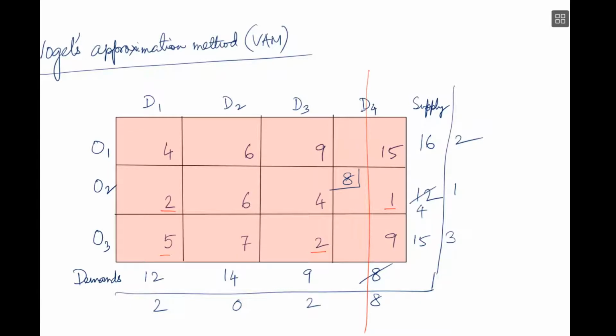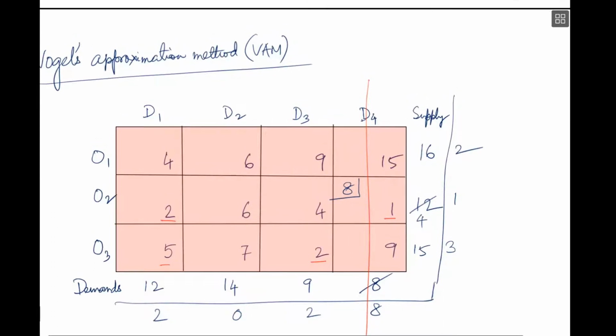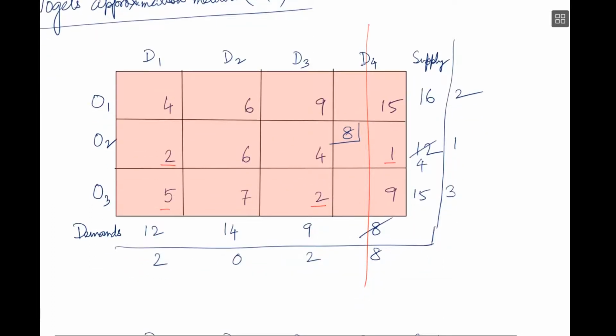Now from this reduced matrix we repeat the process again, that is, we find the differences between smallest cost and next smallest cost in each row and column.